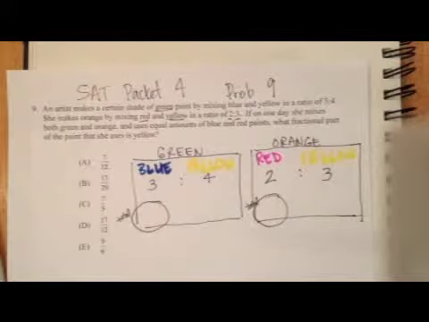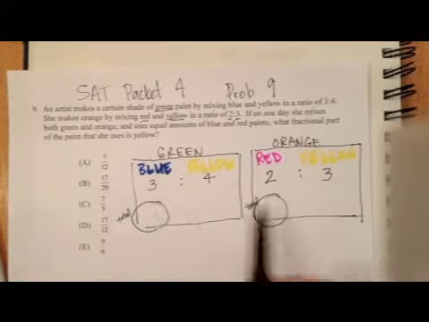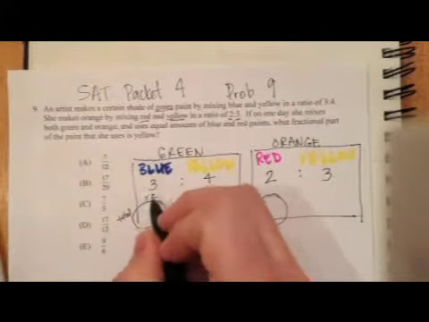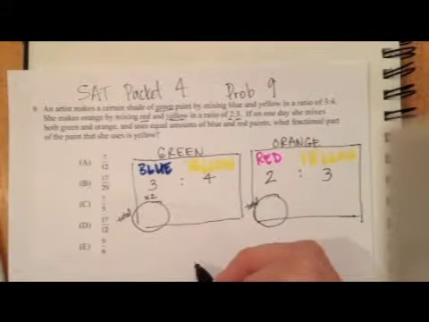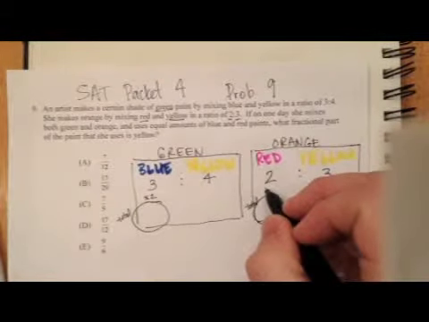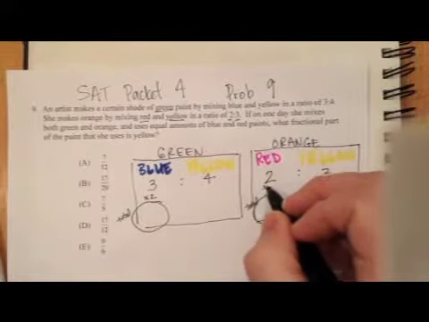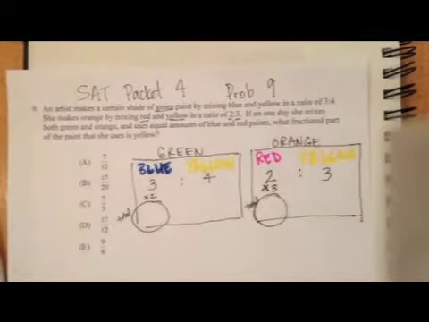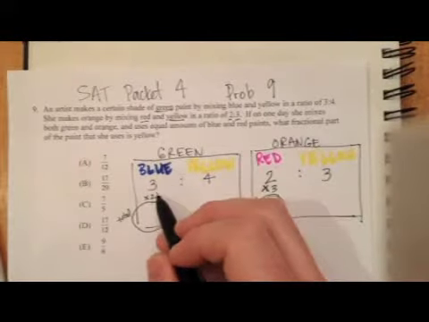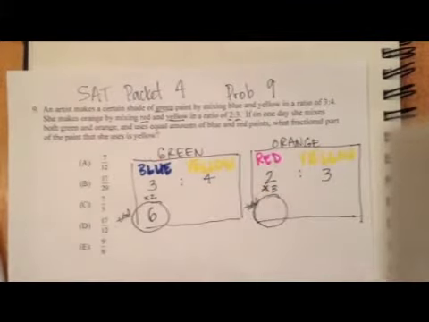This is when we're dealing with fractions, the same as looking for a common denominator. And the easiest way to find the common denominator is to use the red number as your multiplier over here and use your blue number as your multiplier over here. So I'm going to do 3 times 2 to get 6 parts blue.